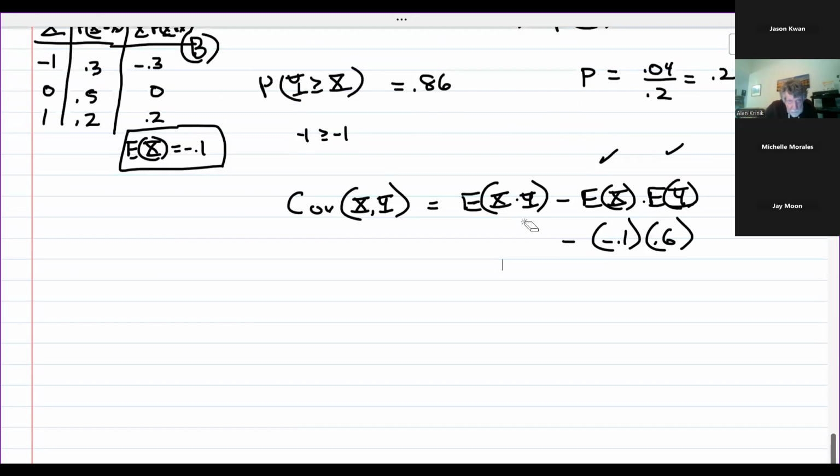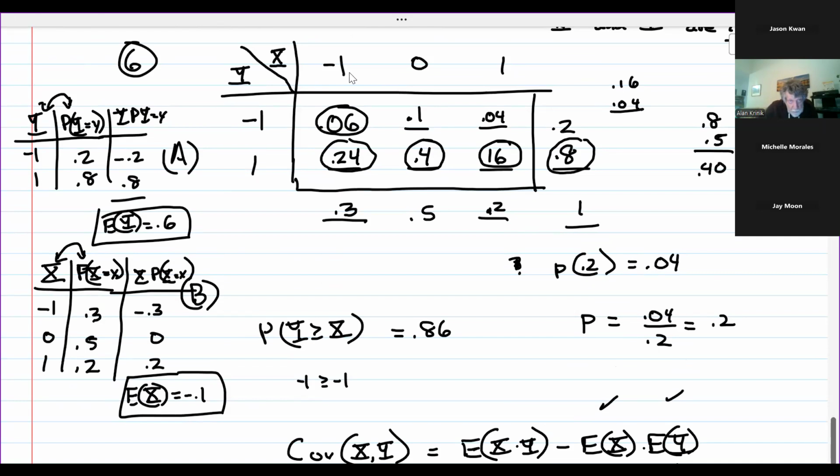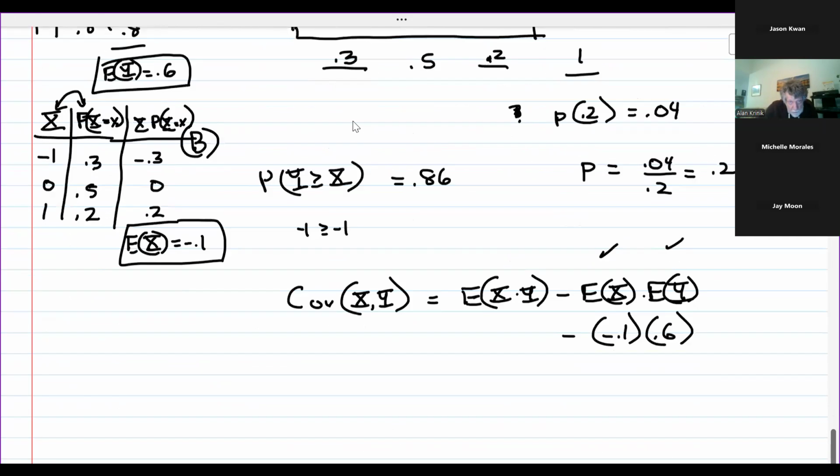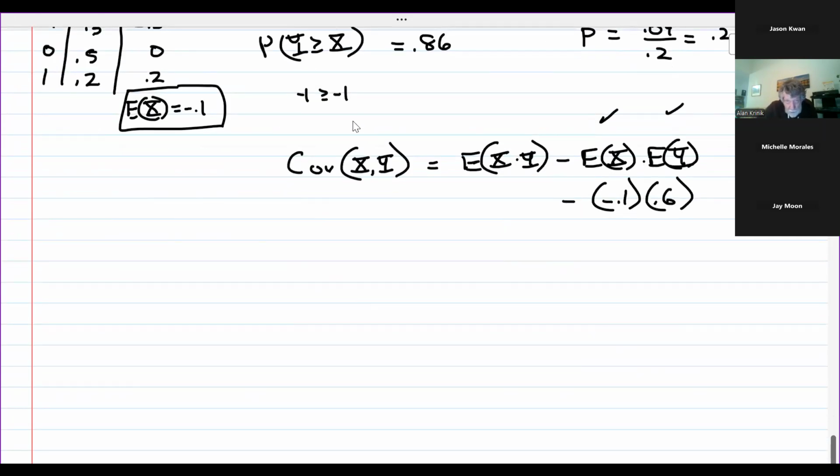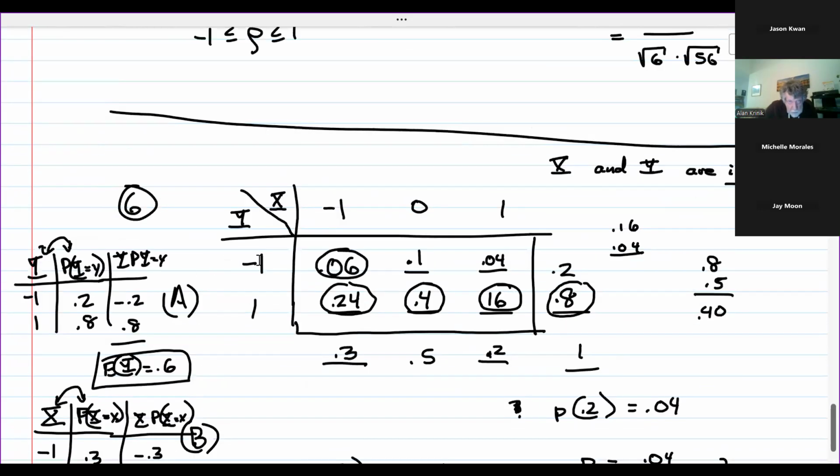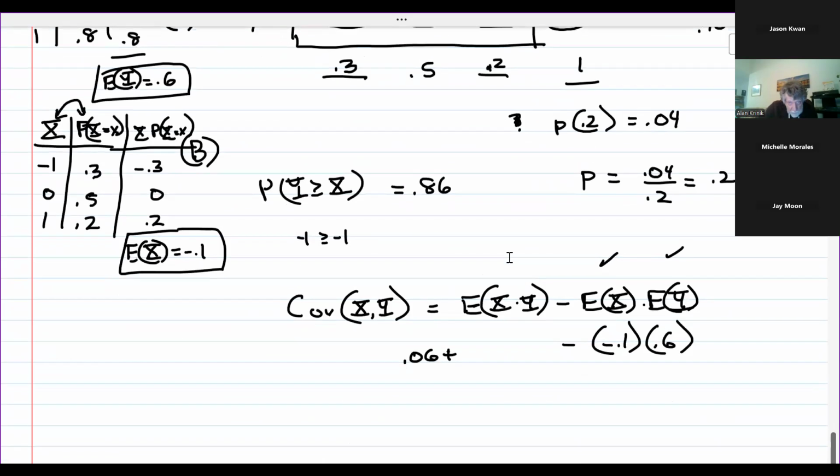If I do -1 times -1, that's just 1 times 0.06, I just get 0.06. So that's one of the terms I have to add here. I'll say 0.06 plus -1 times 0 times this is 0, so I don't have to worry about that. -1 times 1 times 0.04 is -0.04. So maybe this should be a -0.04.